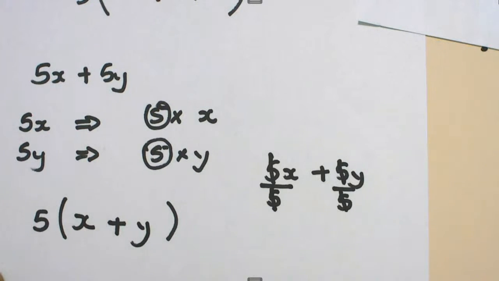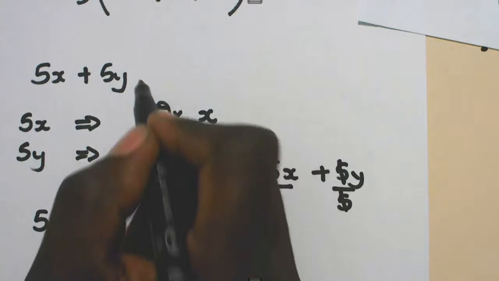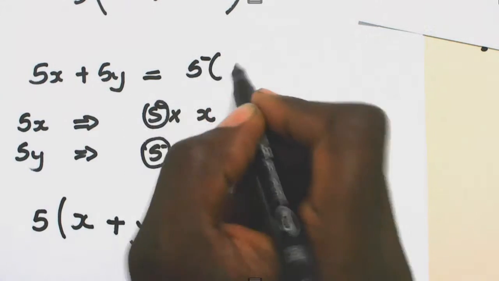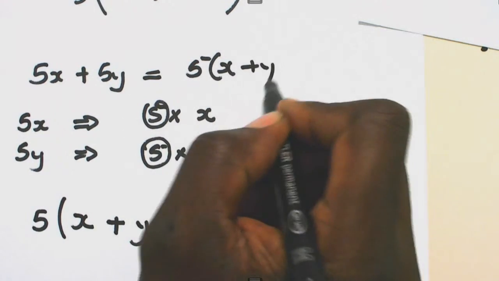In other words, we have 2 factors: the factor 5 and the other factor inside the bracket. The expression has been factorized as 5 times (x plus y).